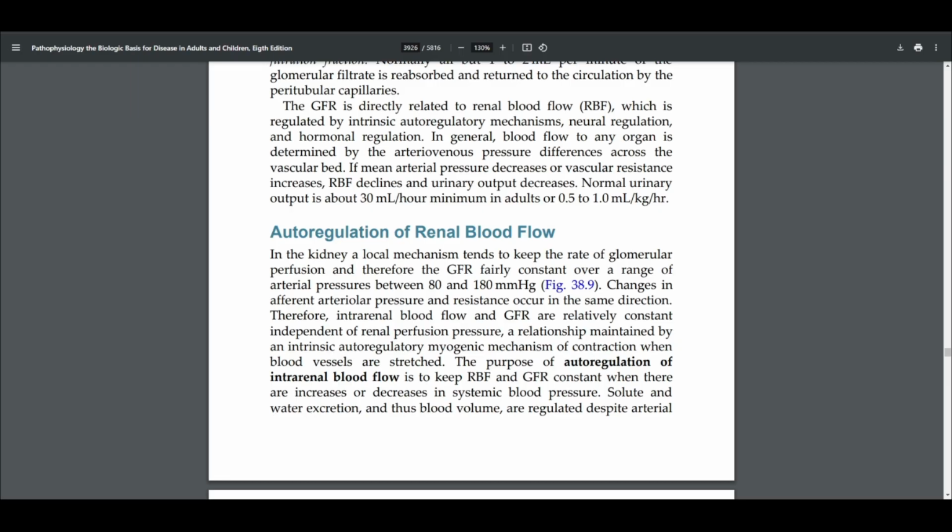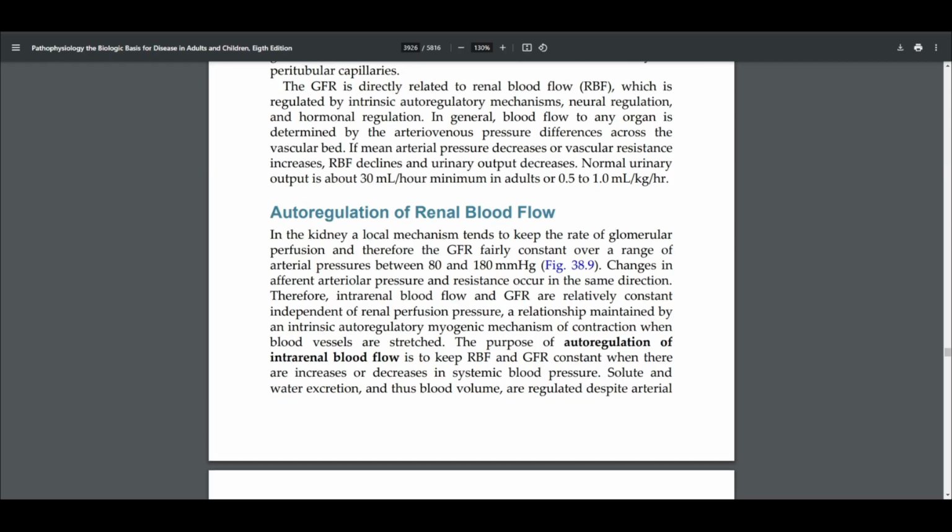If mean arterial pressure decreases or vascular resistance increases, RBF declines and urinary output decreases. Normal urinary output is about 30 ml per hour, the minimum in adults, or 0.5 to 1 ml per kilo per hour.